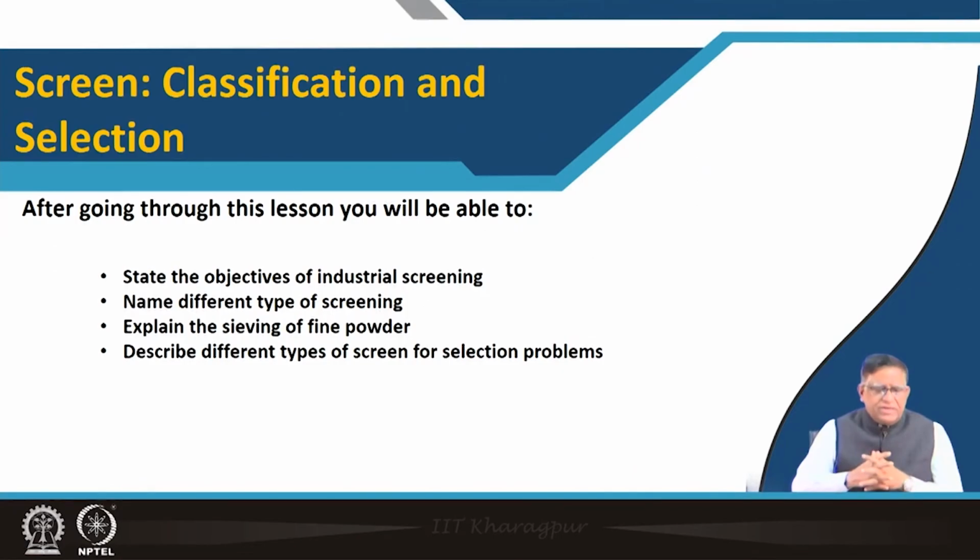So, our main objective here: first, we will have to know why we go for screening. The objective should be clear to us. Then we should be able to name the different types of screening systems, or the screen as a machine, and also explain how sieving is done, because the separation of fine particles is very important.